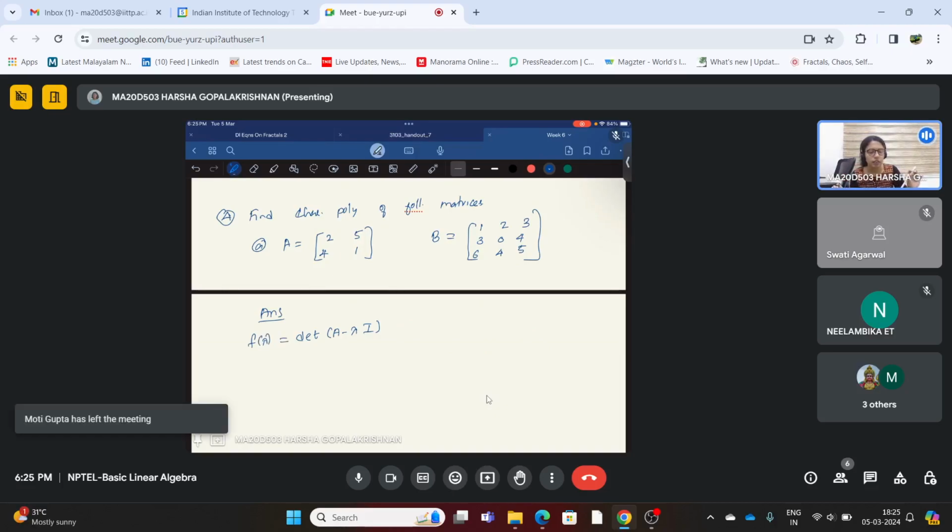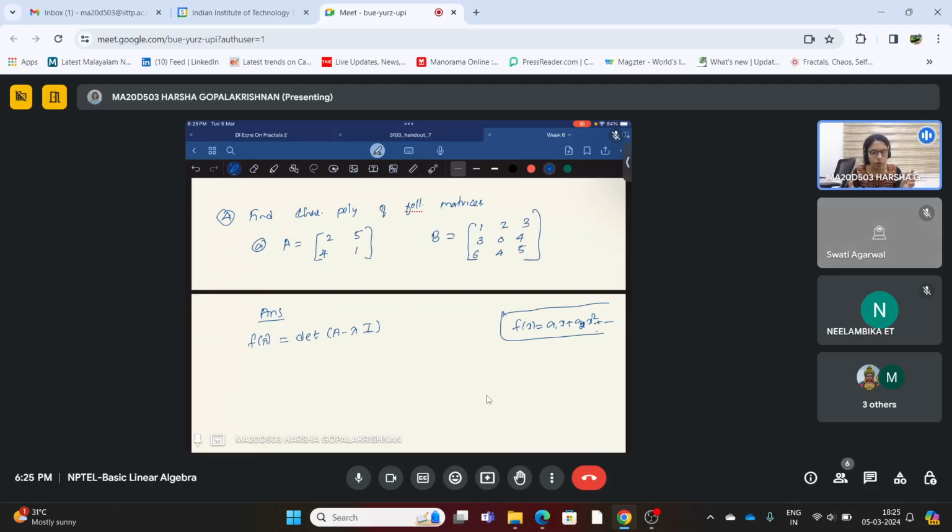Usually, when we write a polynomial, it is f of x equal to something like a1x plus a2x square and so on. So a polynomial means it is not equal to 0. When we equate it to 0, at that time we will say it is the characteristic equation.